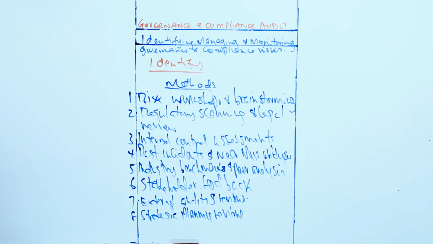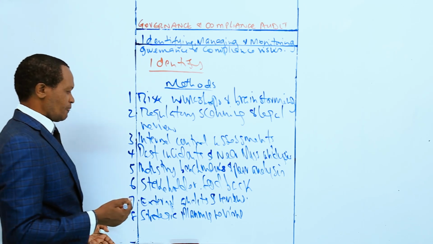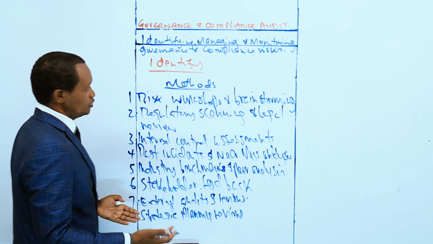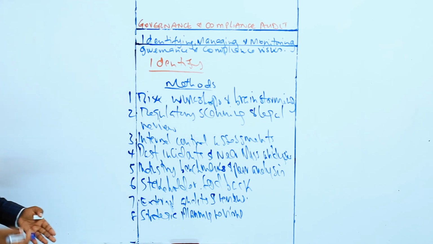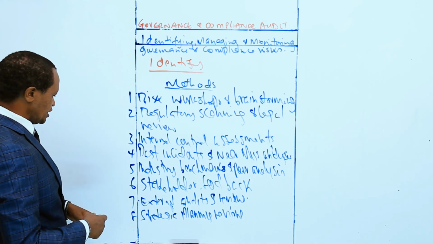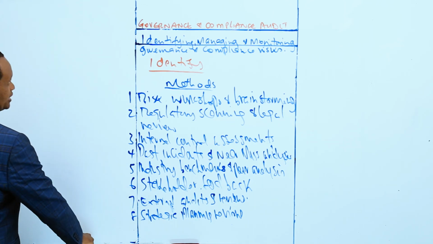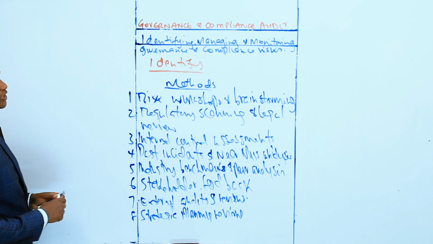For example, expanding into a new African country will introduce new regulatory compliance challenges. That's another way to identify risks, strategic planning reviews. So these are 8 methods that one can use to identify governance and compliance risks.